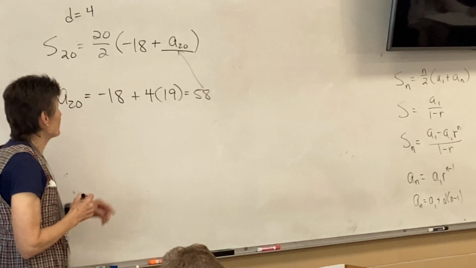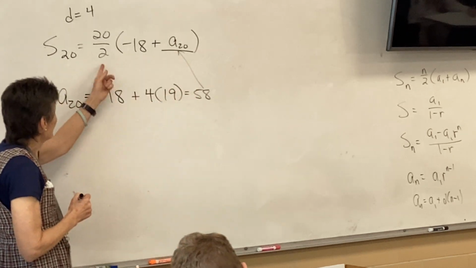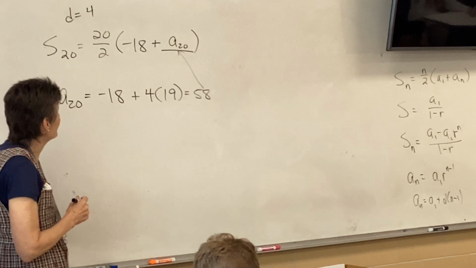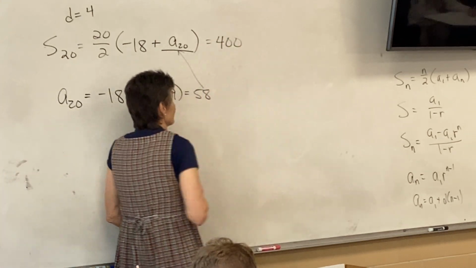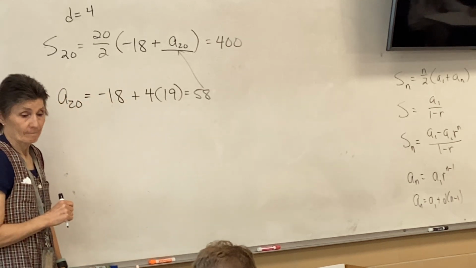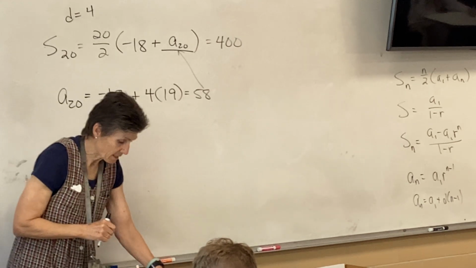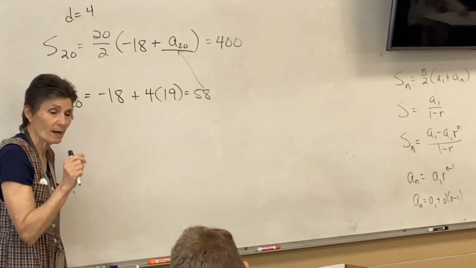Right? So now I'm going to take negative 18 plus 58 and multiply it essentially by 10. I think you get 400. Don't just trust me, guys. When I do stuff in my head, who knows what happens. Make sure you know how to type this in.